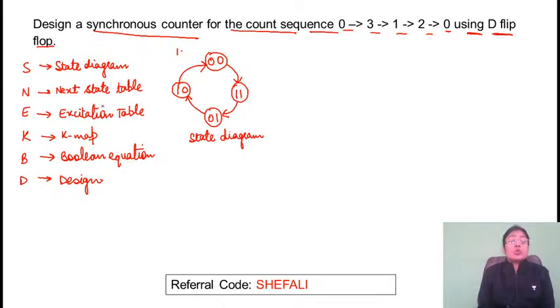Next step is to come up with a state table. So here let's consider the previous state or the current state, and here we have to write the next state.